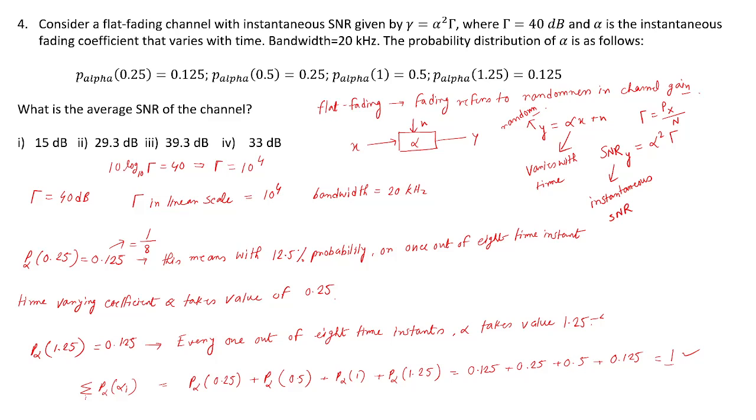The reasoning behind it is that if alpha takes value 0.25 with a probability of 0.125, the corresponding instantaneous SNR for alpha equal to 0.25 also happens with probability 0.125. With this, let us proceed to calculate the average SNR.